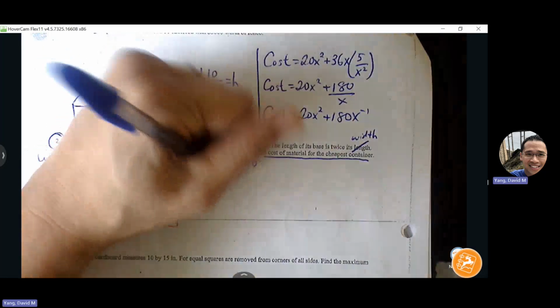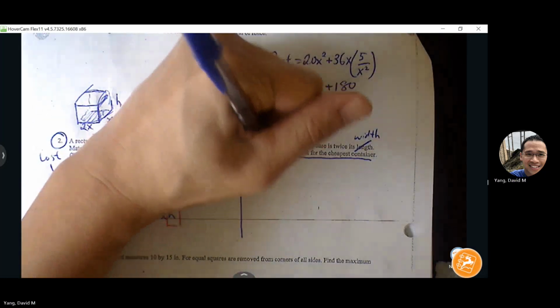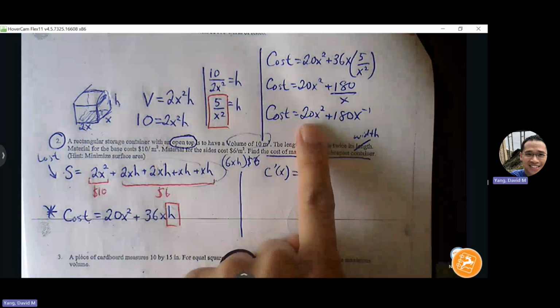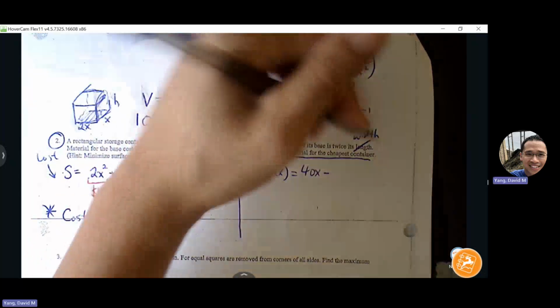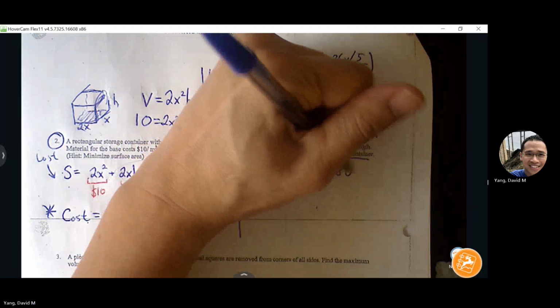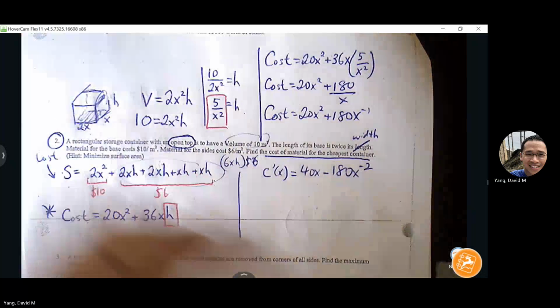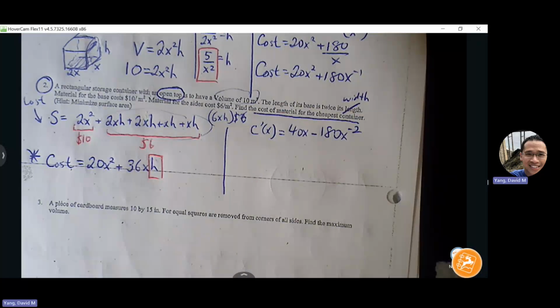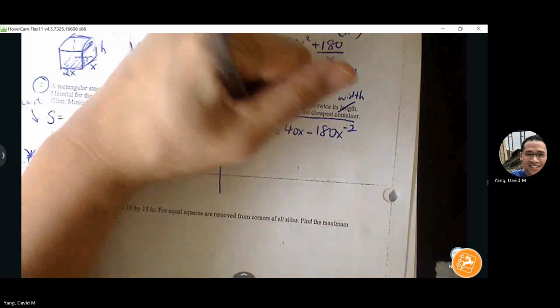Okay, so now we find C prime. What's the derivative? Minus 2. And then we set C prime equal to what? Always. So you just find a critical point.